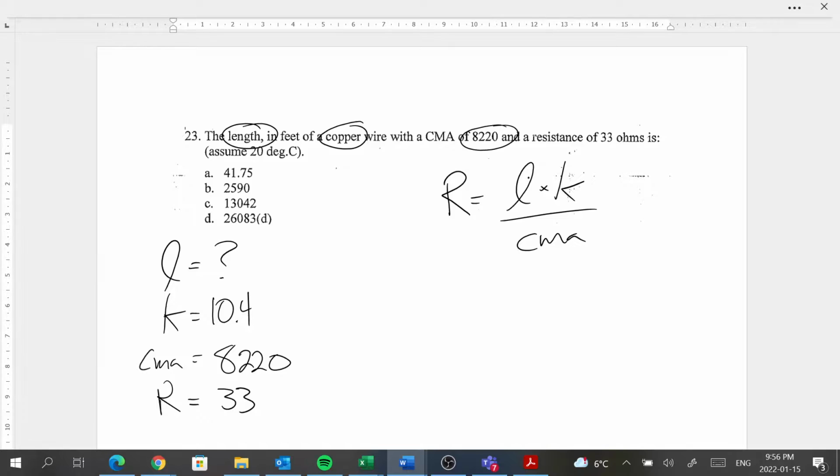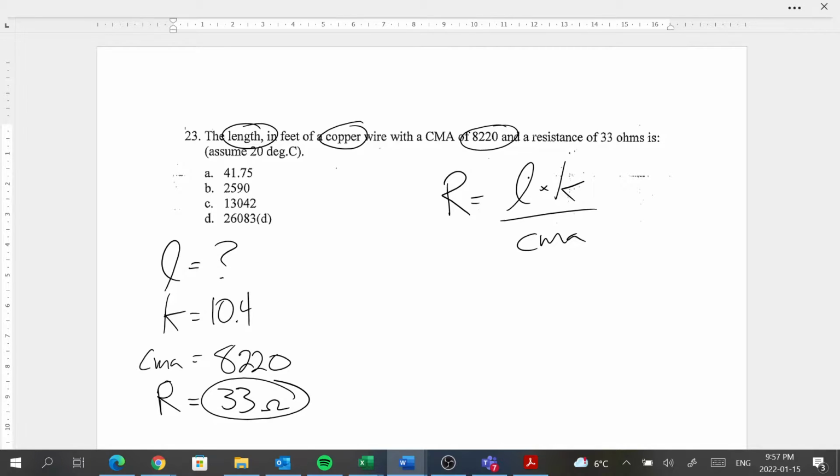And one thing that's good to get into the habit of is looking at the question and being able to recognize or hypothesize what the answer is going to be approximately. So if we're dealing with a conductor and its internal resistance is going to be 33 ohms, that's a pretty large number.